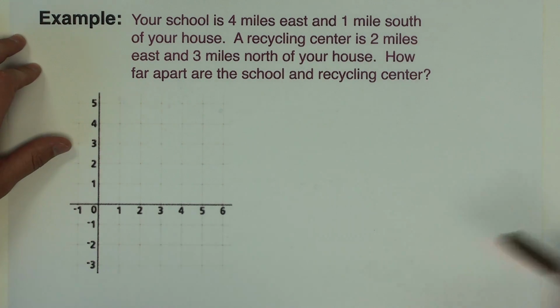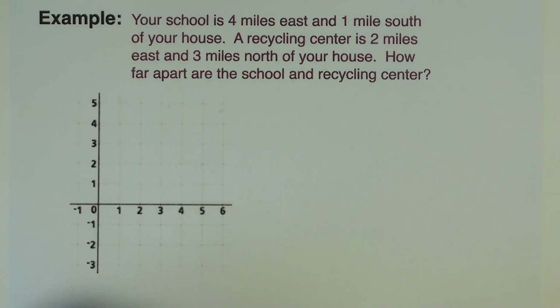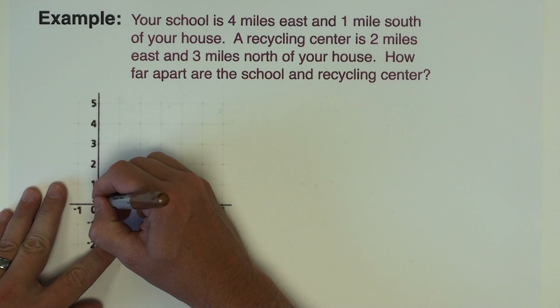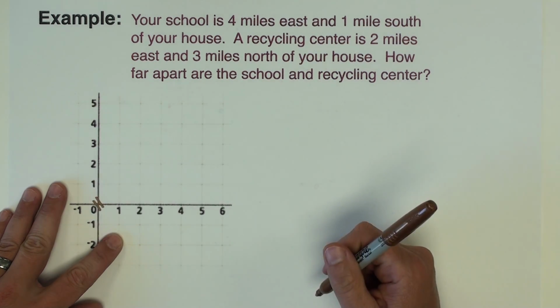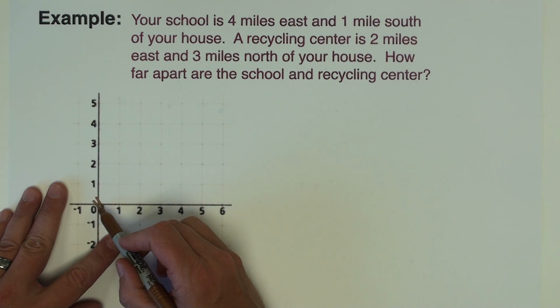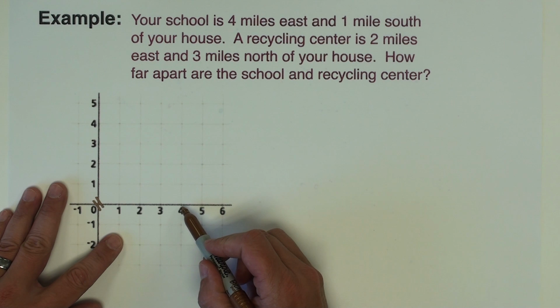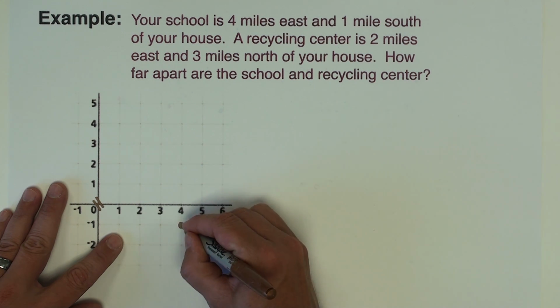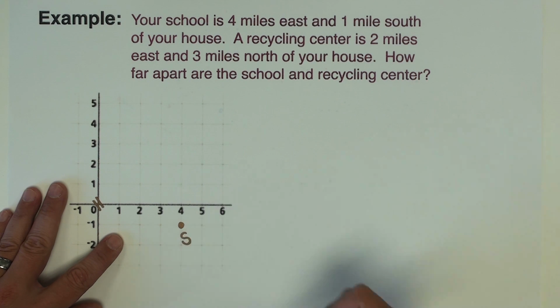This one says that your school is 4 miles east and 1 mile south of your house. Let's put our house right there at the origin. Okay, so the school is 4 miles east and 1 mile south of your house. I'm going to label that S for school.